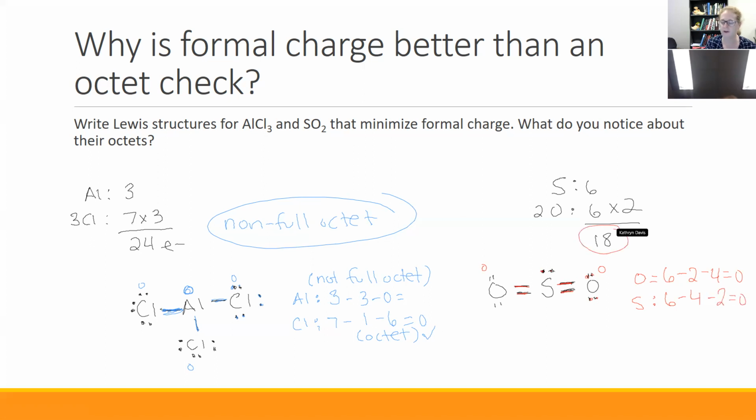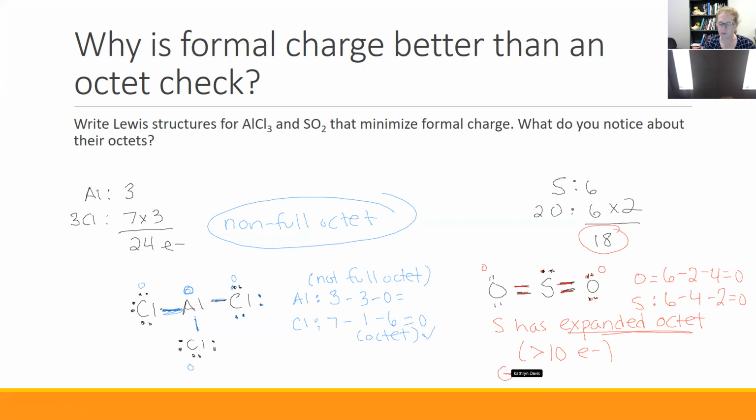So those 18 electrons are distributed in a way that got 0 formal charge. This is the rule I like. 0 formal charge is important. But you notice that sulfur has an expanded octet, right? More than 8 electrons. So sometimes when you minimize formal charge, there are some elements that will do that.